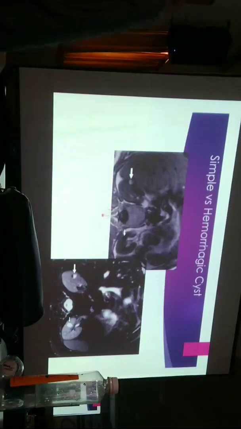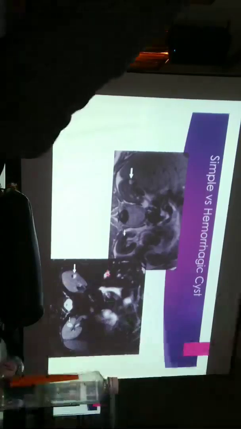In any case of hemorrhagic cyst where there is a suspicion of tumor or there is hematuria, we have to always do a post-contrast subtracted imaging to differentiate spurious enhancement from real enhancement. Just like in the brain, post-contrast subtracted imaging has to be done whenever you see a lesion in the kidney which is hyperintense on T1, especially in patients who have polycystic kidney disease or just an ordinary patient who has hematuria.